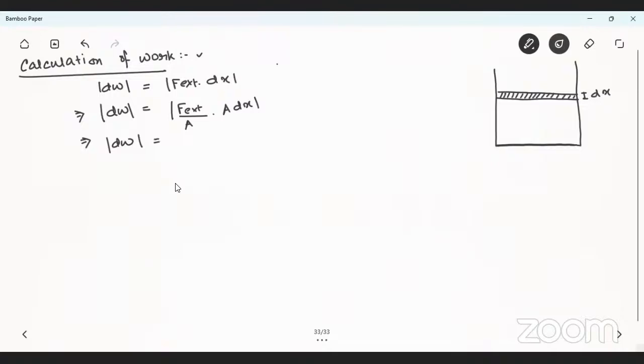This is equivalent to pressure, this term. If you are doing physics, you will know that this is external. And this is the definition for volume.